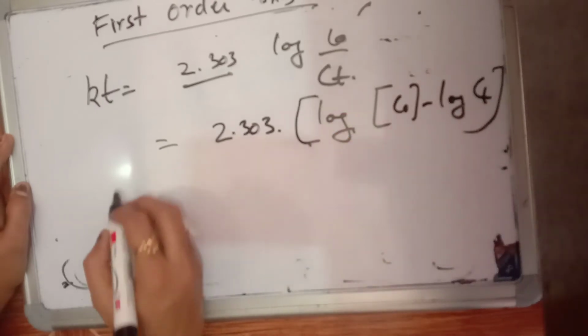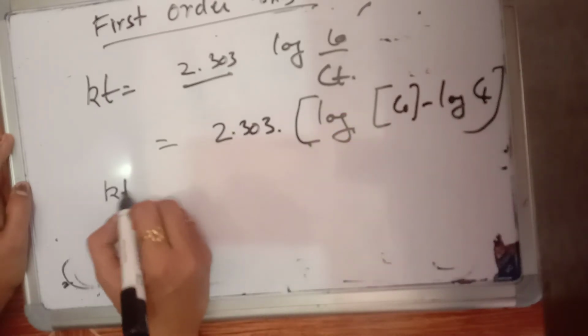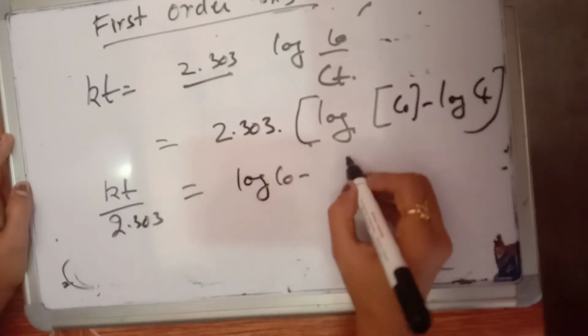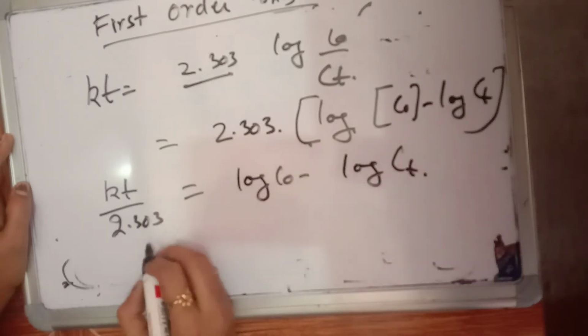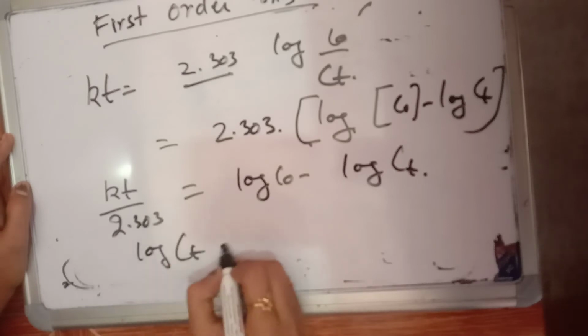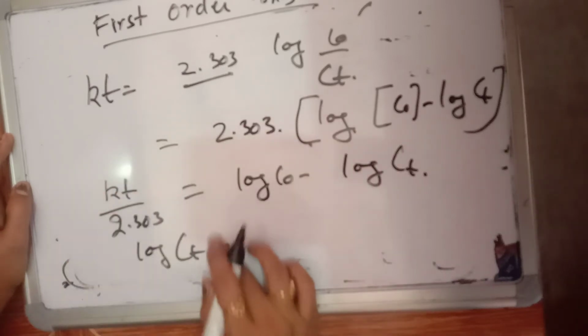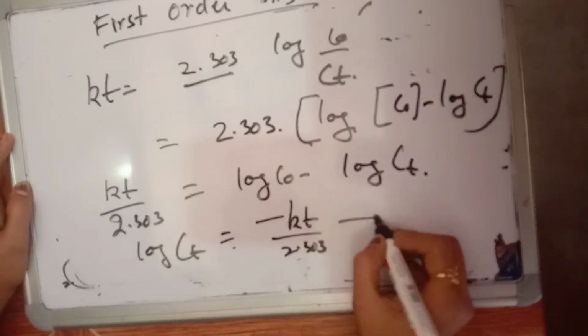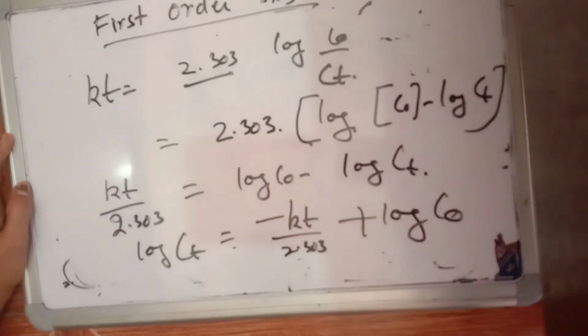Or Kt upon 2.303 is log C naught minus log Ct, or log Ct is equal to minus Kt upon 2.303 plus log C naught. I have only rearranged the terms.